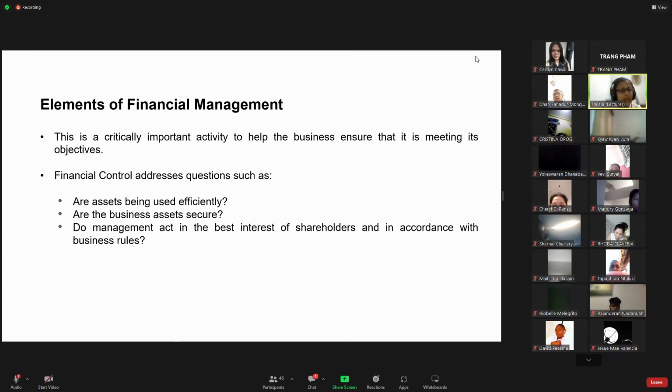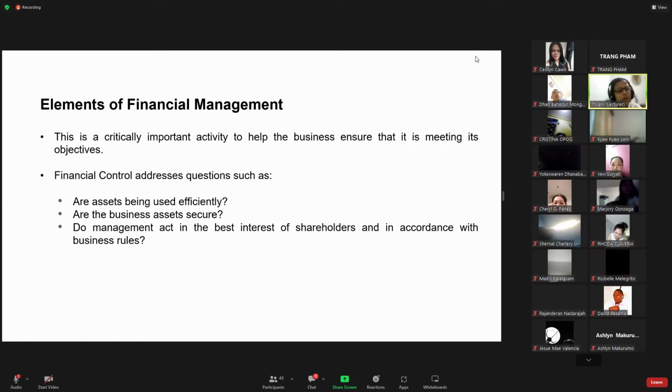Another critically important activity is meeting the business objectives. Why are we doing all this controlling and planning? We're doing all that to meet the objectives of the company. So financial control should answer these questions.